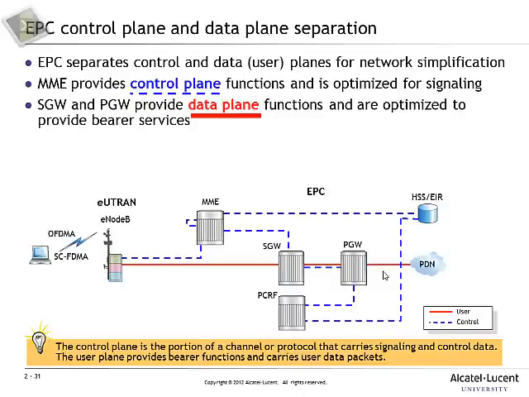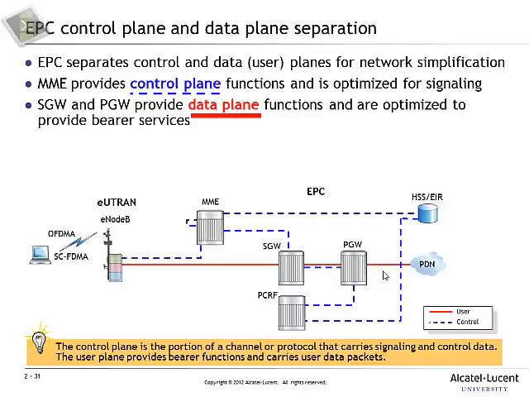All the packets that carry user data will go along the red route, whereas all the control messages are shown in the blue dotted line, and most of them will end up going through the MME.